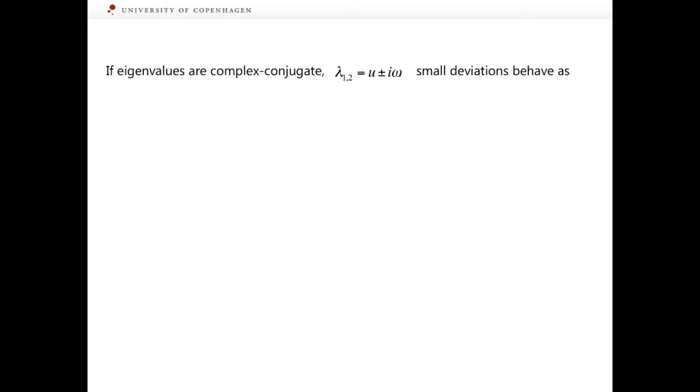If the eigenvalues are complex conjugate, they can be represented in the following form. Lambda 1 or 2 is equal to the real part of the eigenvalue, which we denote here as u, plus or minus the imaginary unity i, which is equal to the square root of minus 1, multiplied by some number w.